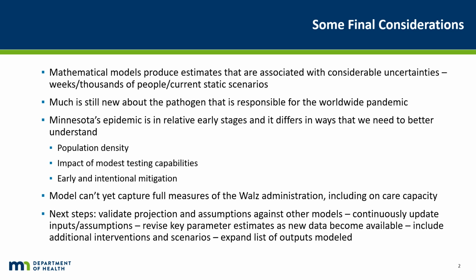So we expect to be able to bring additional evidence from how effective the current mitigation strategy has been and how further mitigation, either in a targeted or in a more comprehensive and broad-based way, can help Minnesota weather the pandemic in the best possible way.